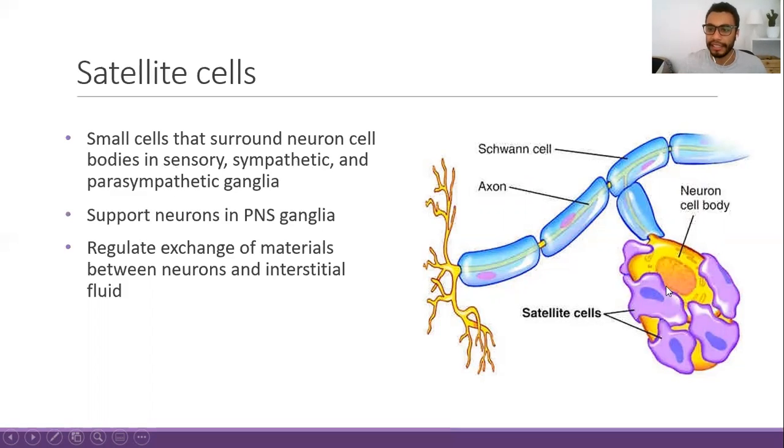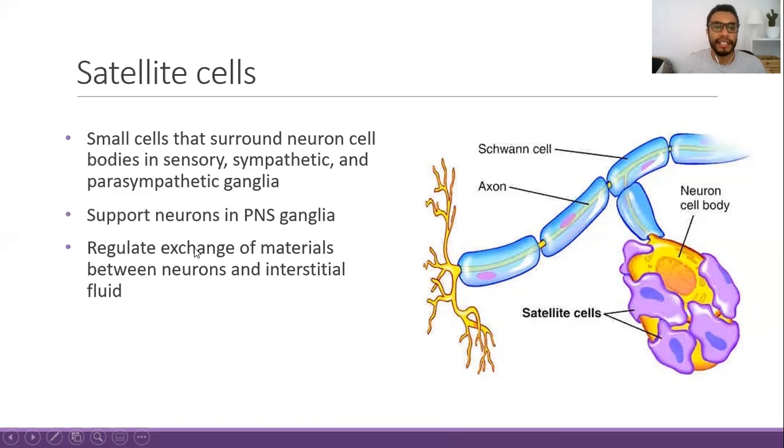So this is a ganglion. We have many ganglia in the peripheral nervous system, and the satellite cells will surround these ganglia. They support neurons.